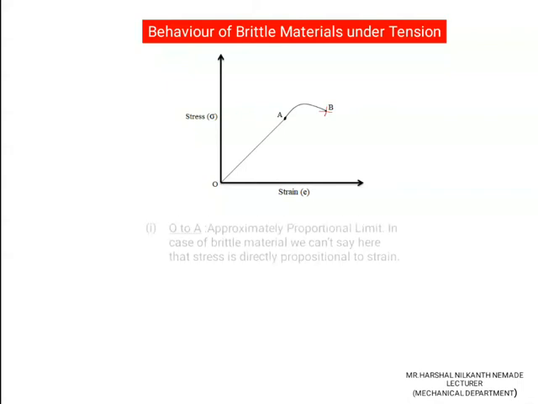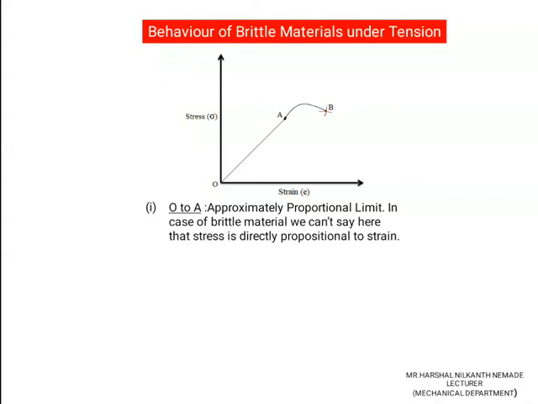Now we will see behavior of brittle material under tension. This is the figure. In this, directly O to A and after that A to B, and the material fails. So O to A is approximately the proportional limit. In the case of brittle material, we can't say here that the stress is directly proportional to the strain.